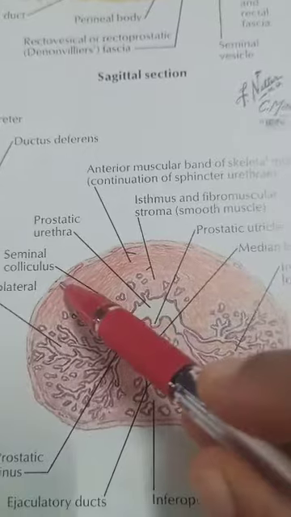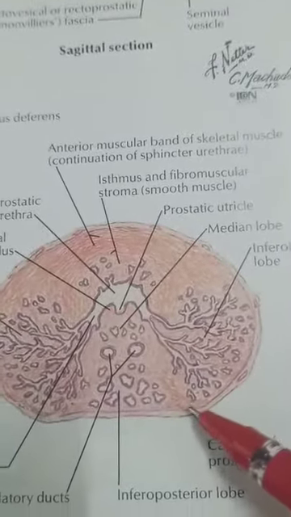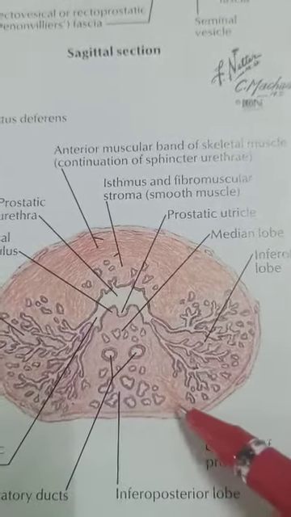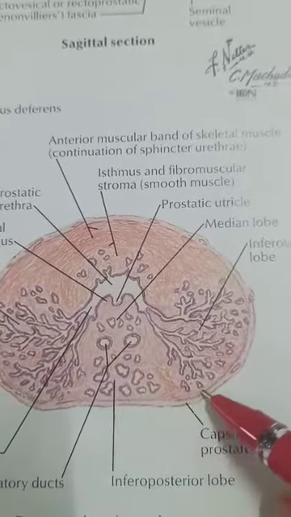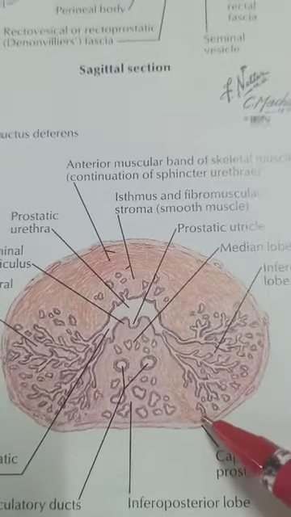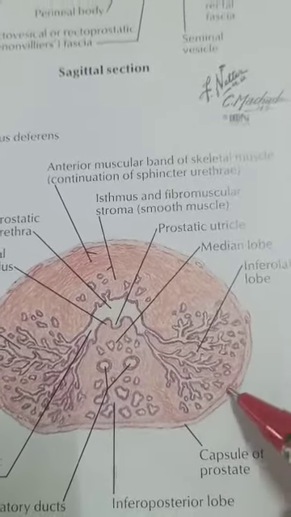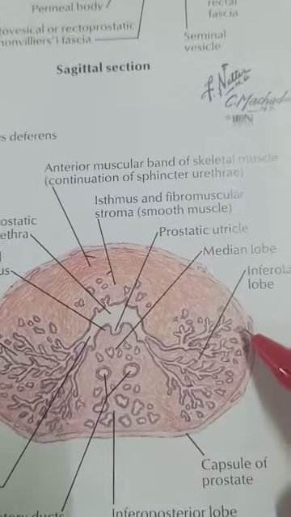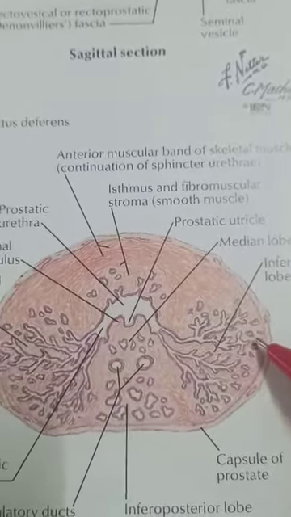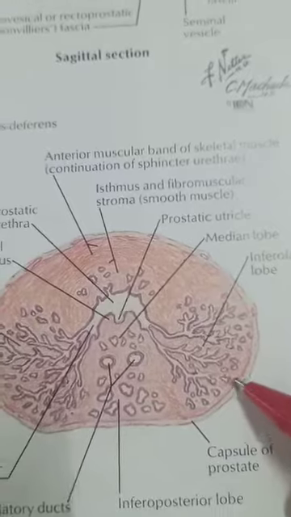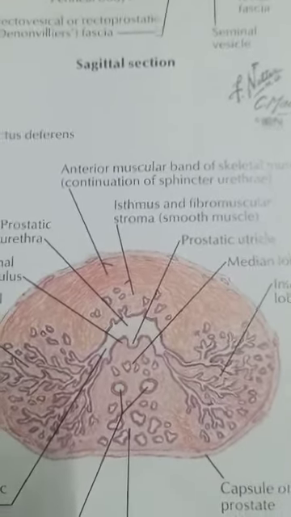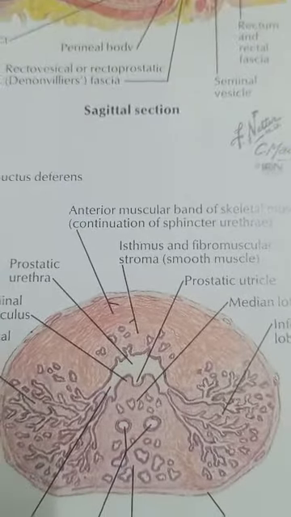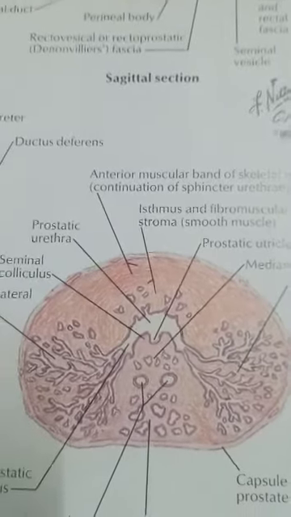Then the inner one is a fibrous capsule, formed by the condensation of the stroma. Between the false capsule and the true capsule there is a venous plexus. The prostatic venous plexus can be seen between the 2 capsules.